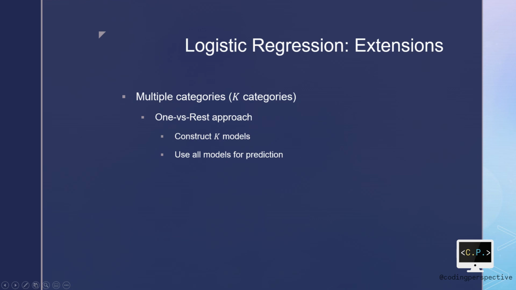The first way to deal with multiple classes is to construct k different models. Each model is supposed to classify one category from the others. In this way, you can build k different models. For predicting a test observation, you need to get the probabilities from all k models, and you need to select the one with the highest probability.